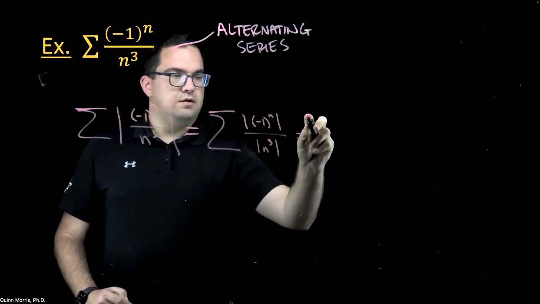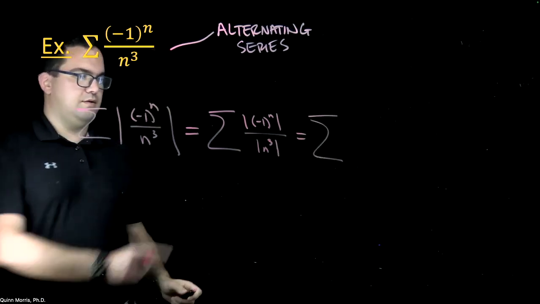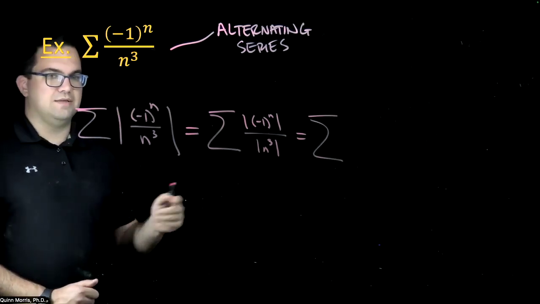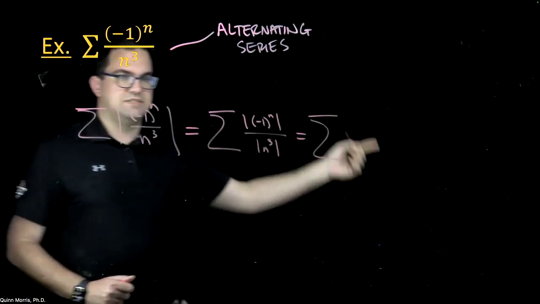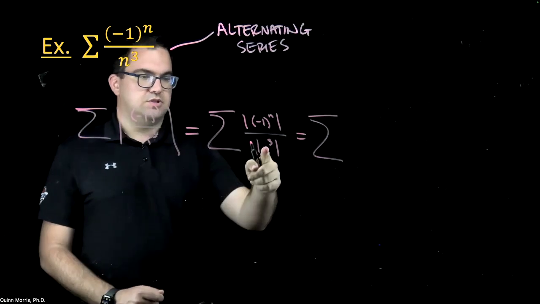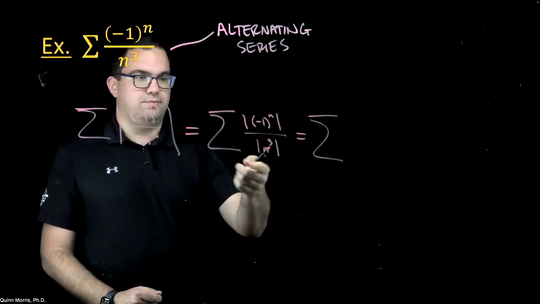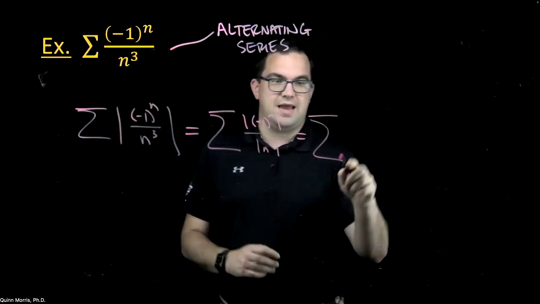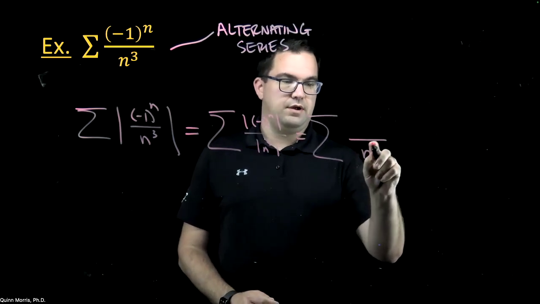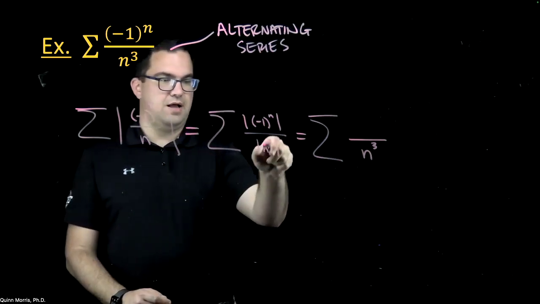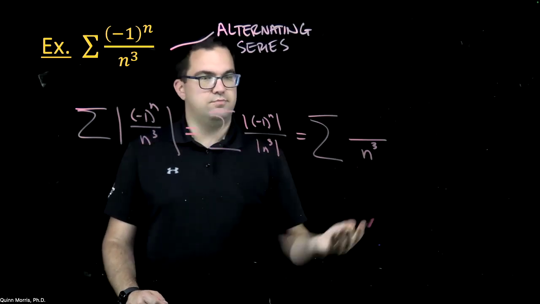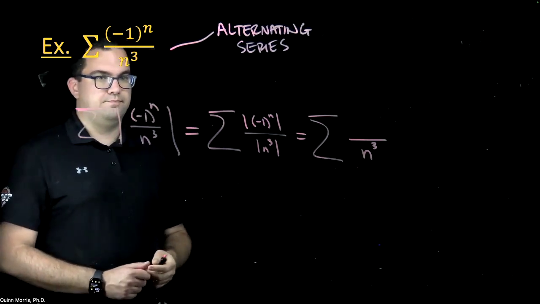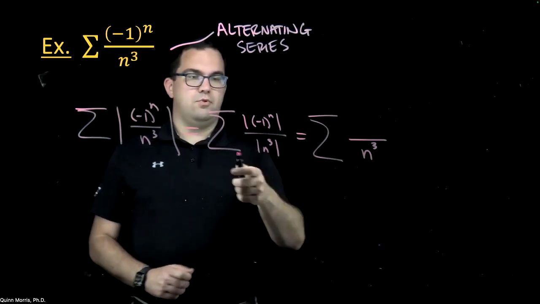Now, keep in mind our n values, right? These are positive integers, 1, 2, 3, 4, 5, 6, 7, 8, 9, and so on. So those positive numbers cubed are already positive numbers. I can drop the absolute values there, because the absolute value of n cubed is just going to be equal to n cubed. Now, in the numerator, what do I have?